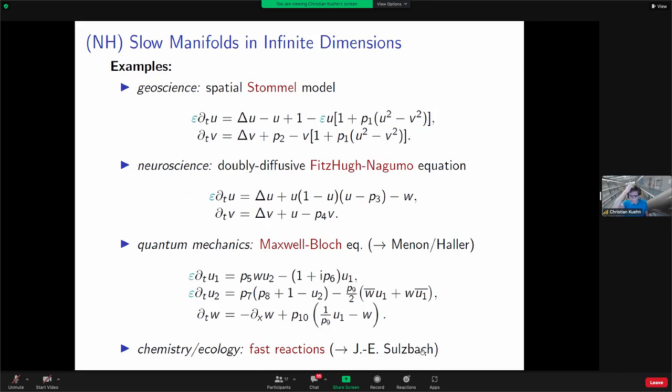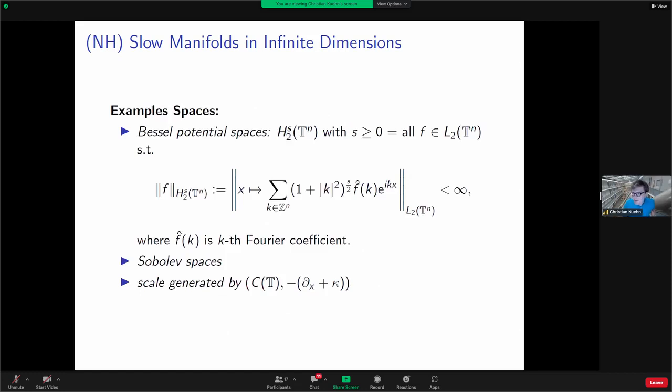My postdoc, Jan-Erik Sulzbach, and I are currently working on fast reaction limits that also got a little bit of attention recently in the fast-slow community. So what are the example spaces that we use? For the Stommel equation, we used a periodic domain, and we used these special potential spaces, which generate a sliding scale with the Laplacian, an interpolation-extrapolation scale.